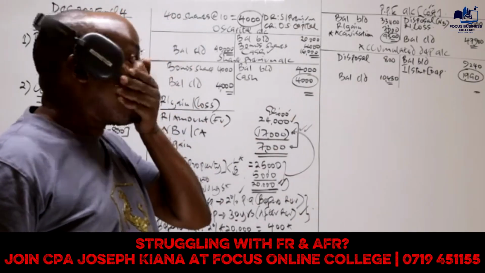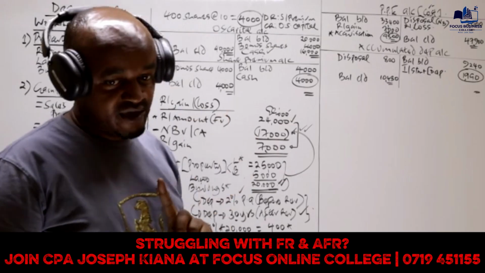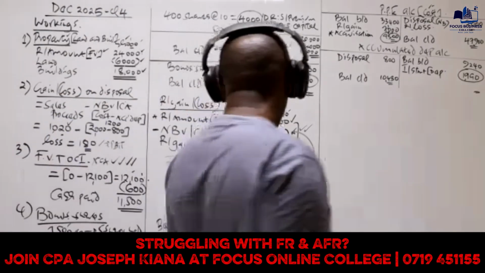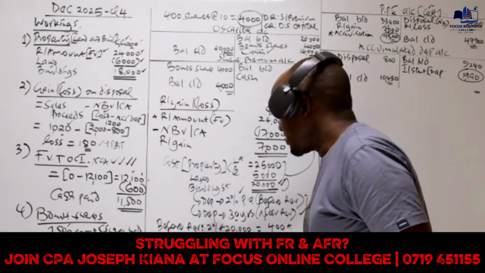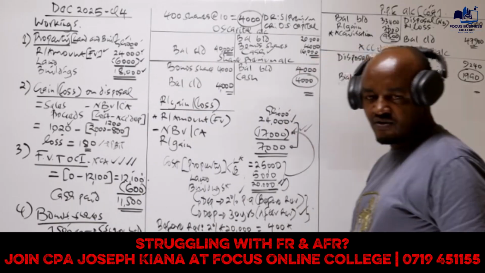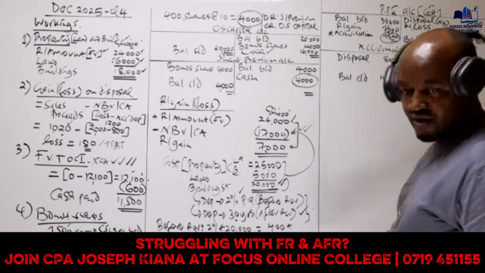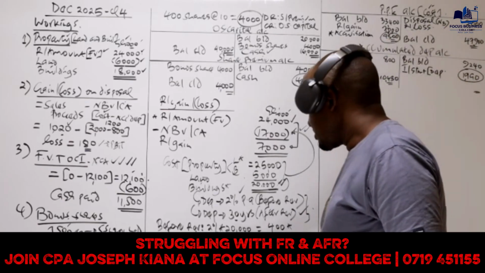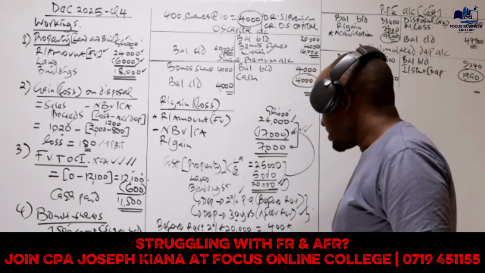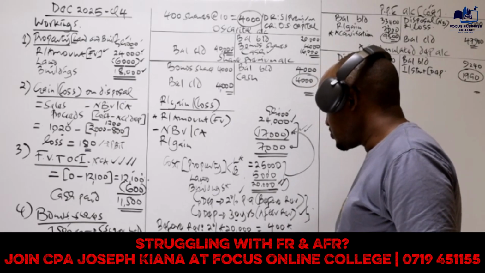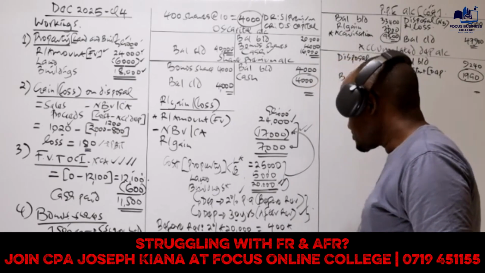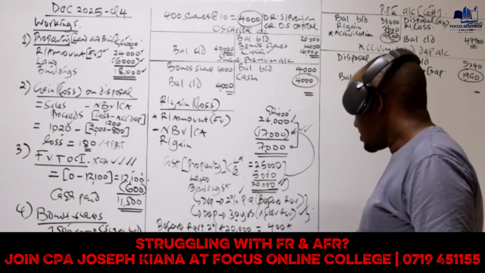But even before we prepare the statement of cash flows, someone may ask, how is this excess depreciation accounted for? The double entry for this is usually debited in the retained earnings.